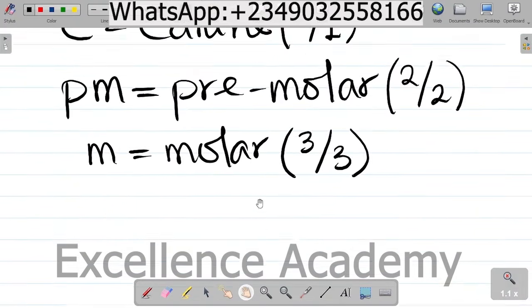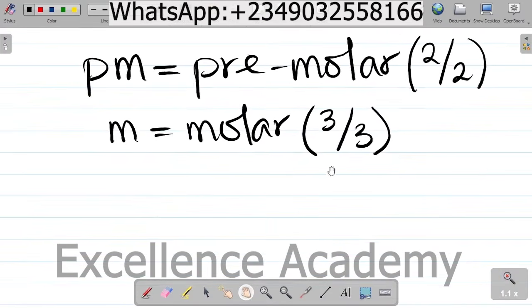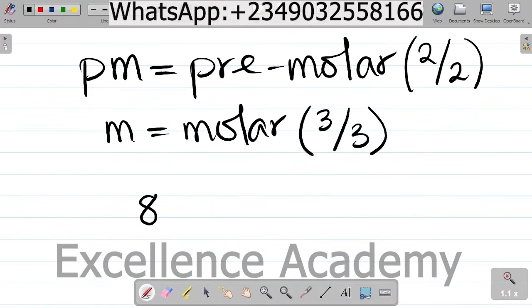Adding up the numerators, 2 plus 1 is 3, plus 2 is 5, plus 3 is 8, which is just the total number on one side of either the upper jaw or the lower jaw.